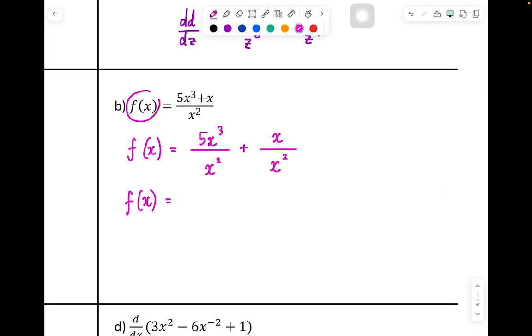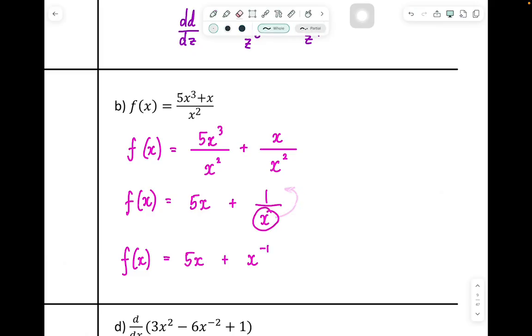It's still f of x, exactly the same. So we've got 5x plus 1 over x squared, 1 over x. And to make it in an acceptable form for differentiation, I'm going to bring this denominator to the numerator. Now this is in an acceptable form, we can find the derivative.